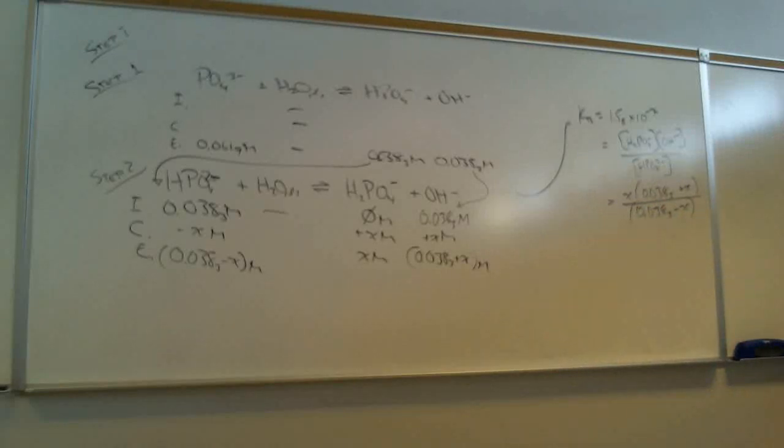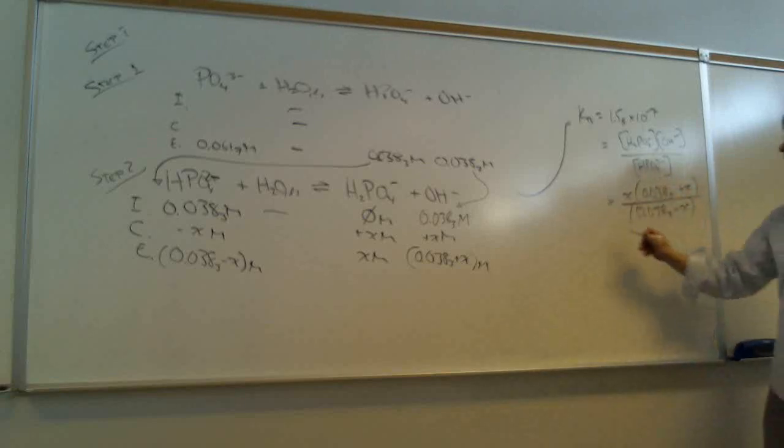We could either solve the quadratic or we could try the simplifying assumption. Usually I just go ahead and try it, because it's easy. Then the X drops out here and the X drops out there.